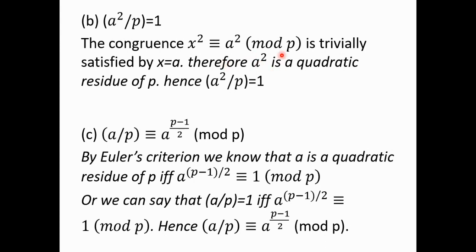So A square is a trivial solution. Therefore A square is a quadratic residue of P and hence this symbol has value 1. So this is easily done.